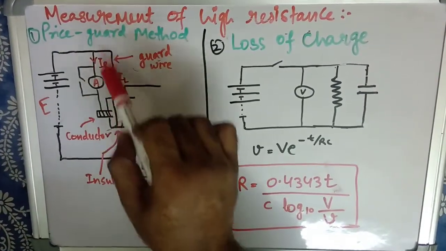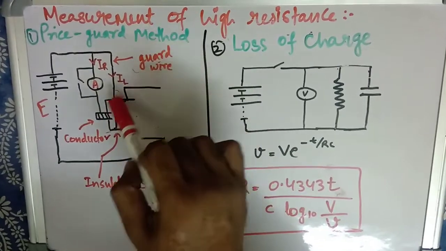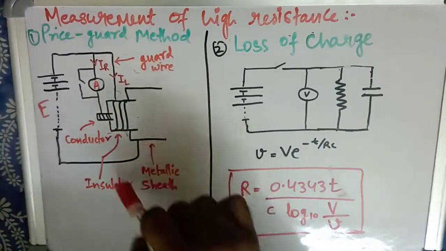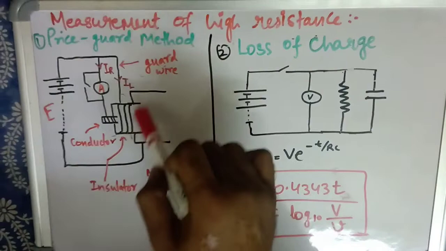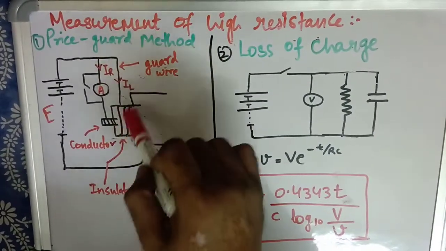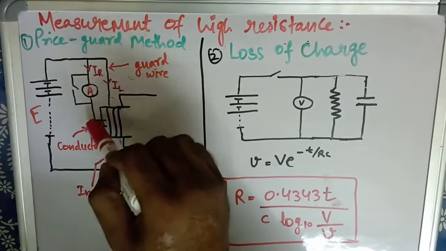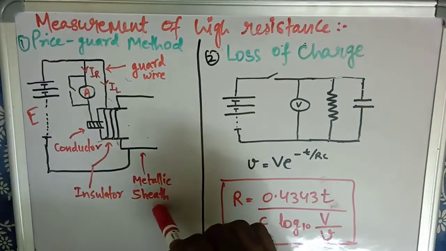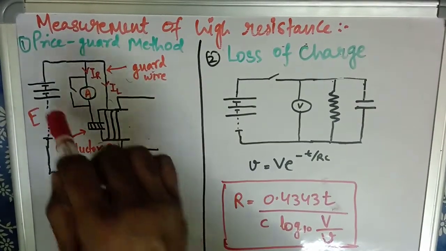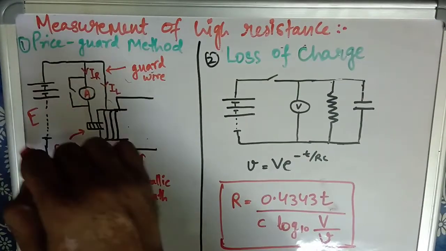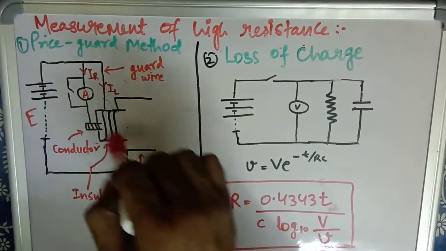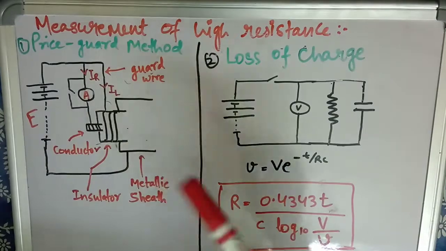But again, there is a leakage current between the insulating layer and metallic sheath, so we connect a guard wire across the insulating layer. The current is measured between conductor and metallic sheath, which is divided by the total applied voltage, so it gives the total resistance between conductor and metallic sheath.